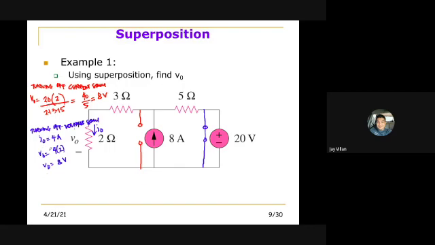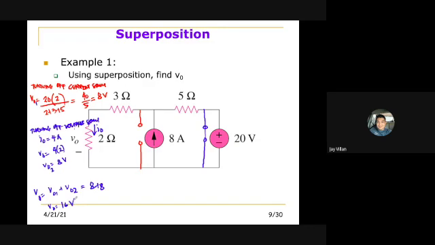So let's name this VO2, and this one VO1. So the total, if you solve for VO, will be equal to VO1 plus VO2, and that is equal to 8 plus 8, and VO is equal to 16 volts.